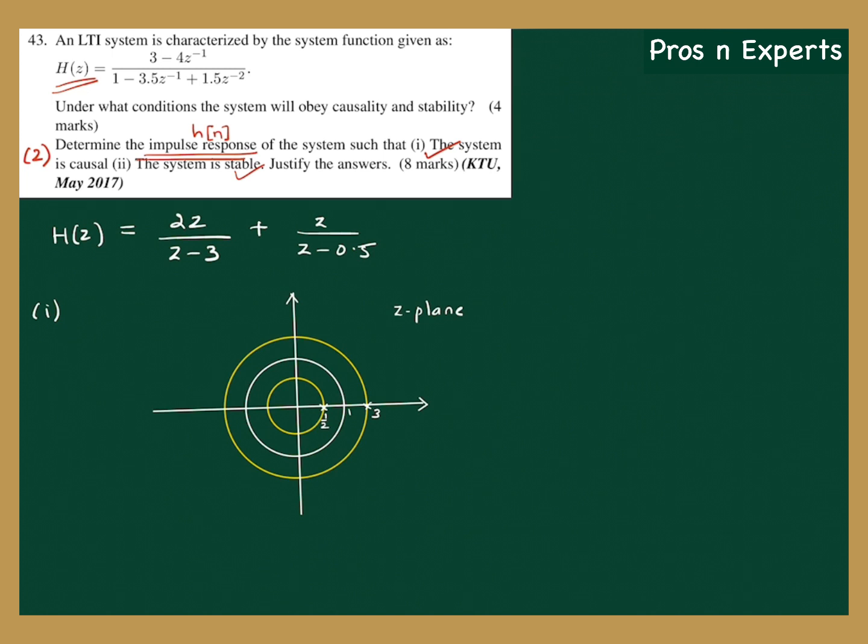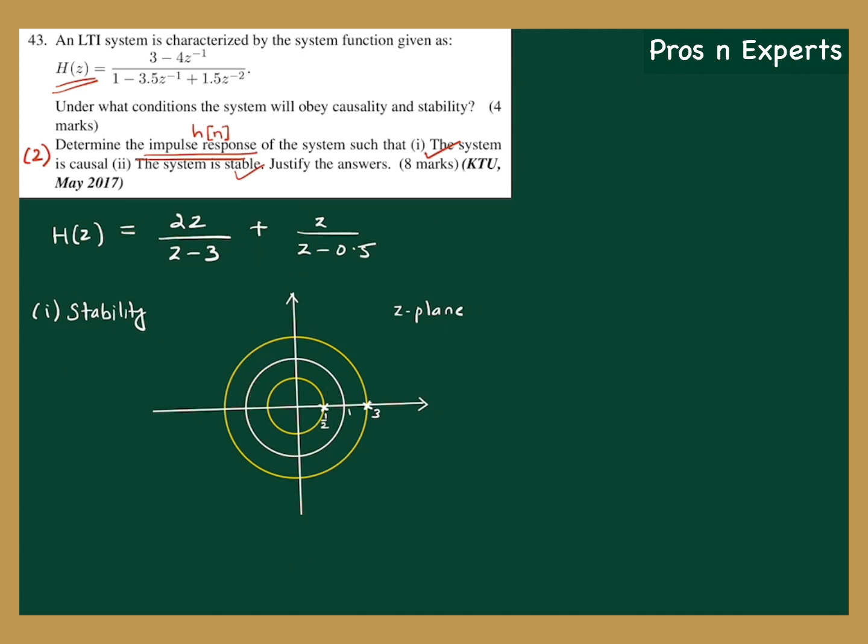So this is the pole-zero plot of this H of z. We have a pole at 1 by 2 and a pole at 3, and this is the unit circle. Okay, and from the previous session, for a stable system, we have already seen that the region of convergence will include the unit circle.